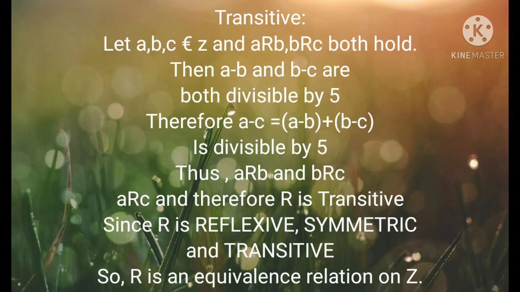Then a minus b and b minus c are both divisible by 5. Therefore, a minus c equals (a minus b) plus (b minus c), which is divisible by 5. Thus, a R b and b R c imply a R c, and therefore R is transitive.